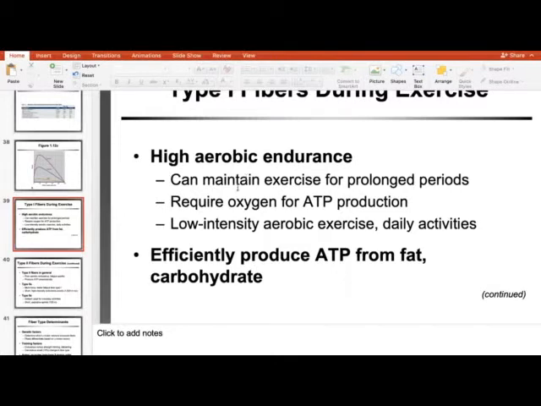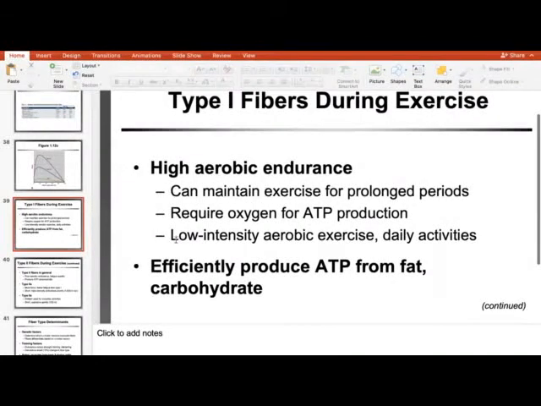But typically, because of their physiology, type 1 muscle fiber types are not going to be used for very high intensity activities. And the more intense the activity is, typically the more you're going to start to recruit your type 2 muscle fiber types.